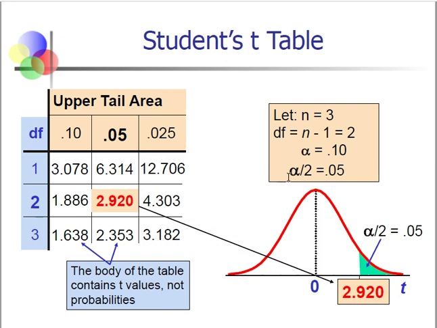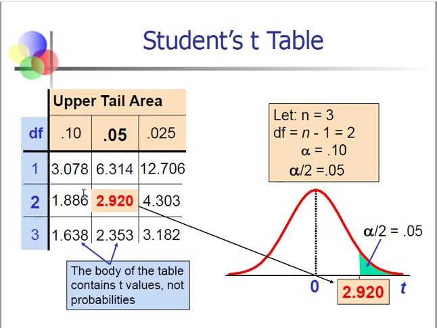To find the t value, we go first to the degrees of freedom, which is 2, and go through that row until we meet the column of 0.05. Where this row and column meet, that is our t value.